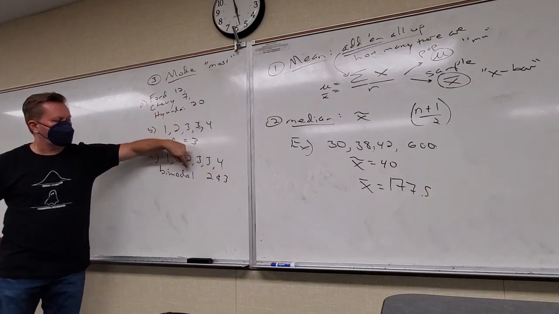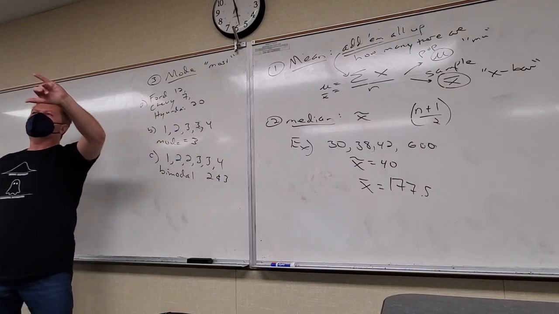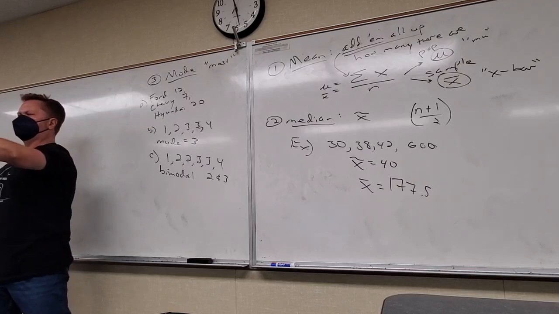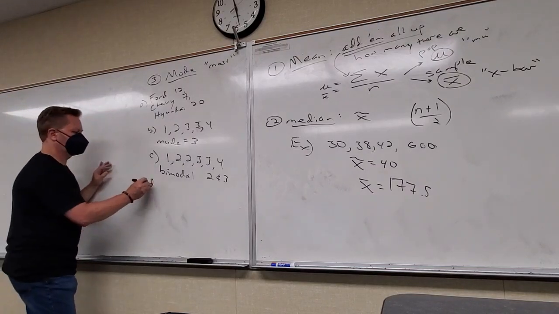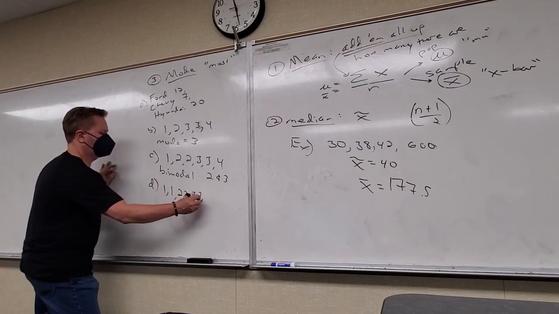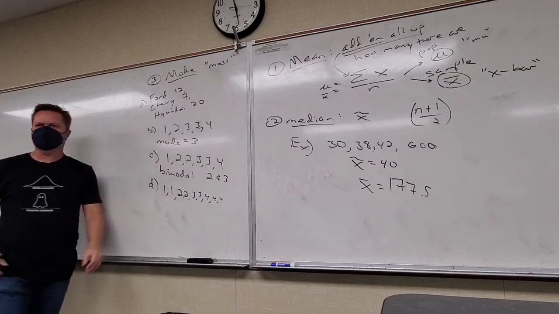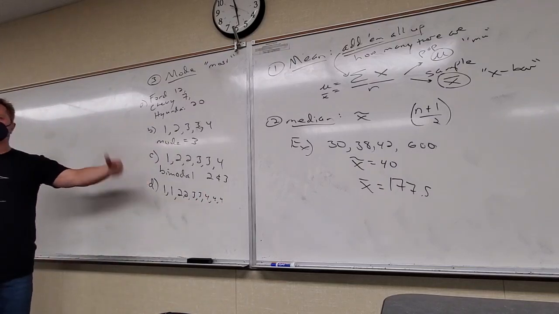But now I'm saying there's a couple places where it clusters. If it's more than 3 places, screw it. It doesn't have a mode. It doesn't seem to be clustering anywhere. What about this last one? 1, 1, 2, 2, 3, 3, 4, 4, 4. What's the mode? 4. Obviously 4. I have a clear winner. There's no ties.